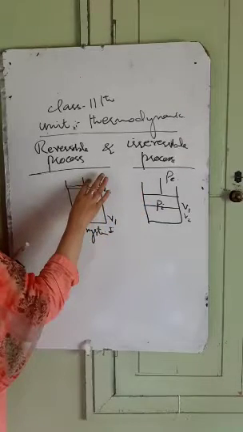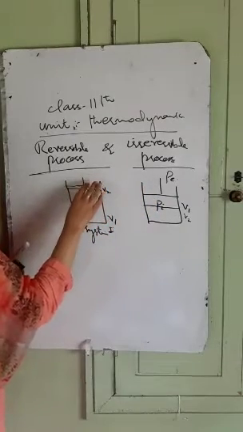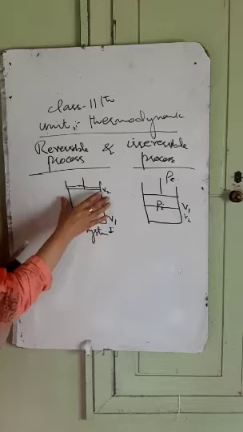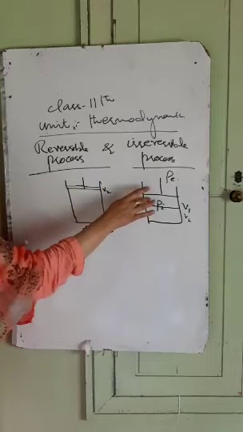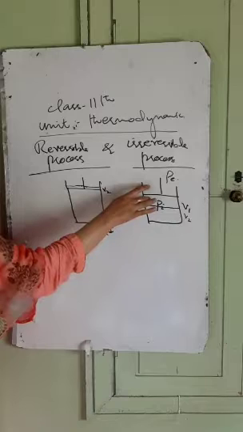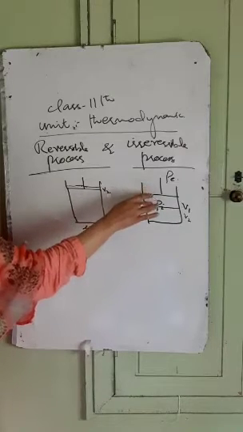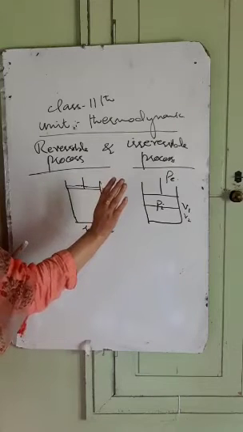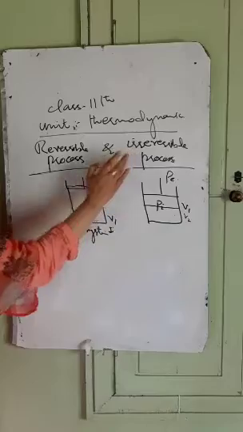Maximum work is done in case of reversible processes. Minimum work is done in case of irreversible processes. There is always equilibrium between the system and the surroundings in case of reversible process, while in case of the irreversible processes, the equilibrium occurs only at the initial and the final state of the process. So these are the points of difference between the reversible process and irreversible process.